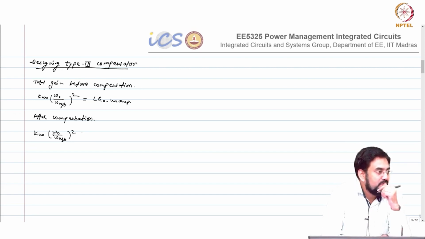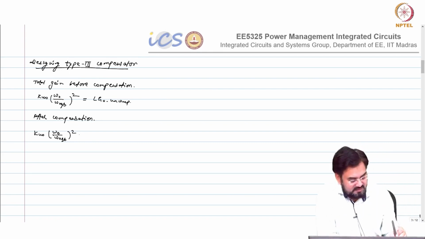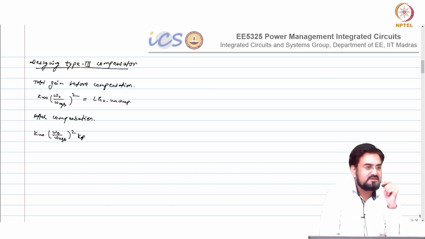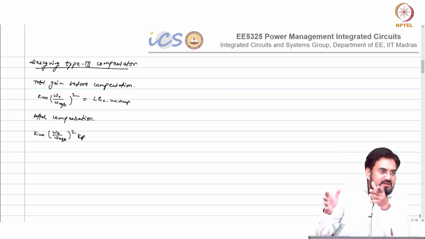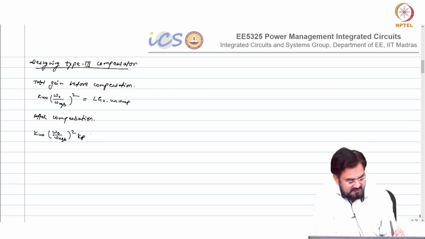Ki by s. Why Ki? What is the midband gain? Kp. Not 1 plus. You are taking the effect of the second 0 by having this component.